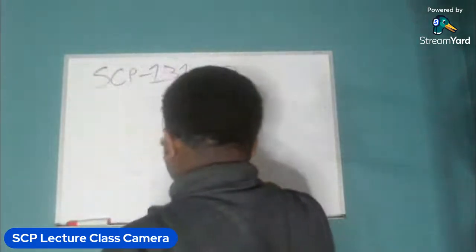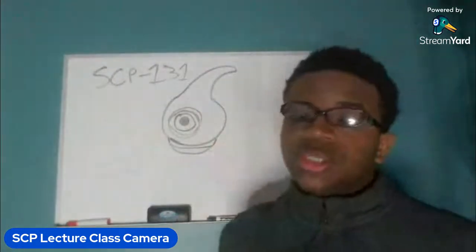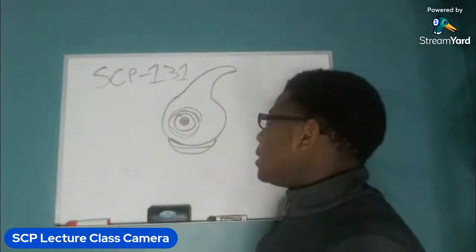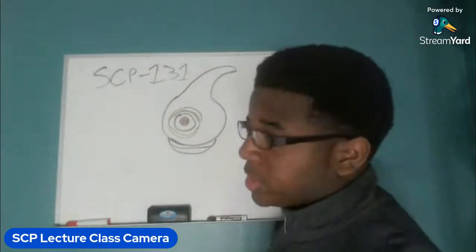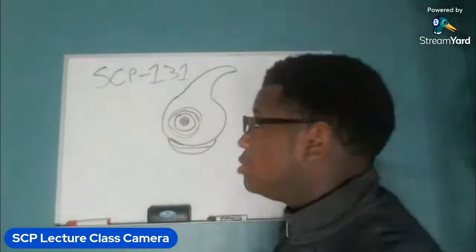One of them is dash A and one of them is dash B. I'm going to use this later on as another example for another SCP, but we'll get to that soon.